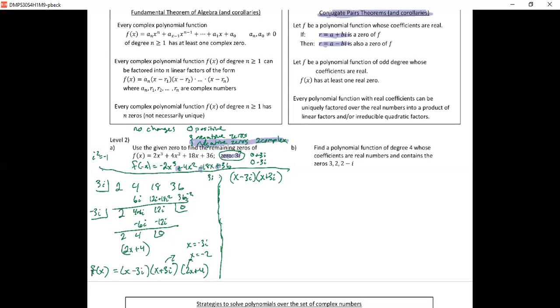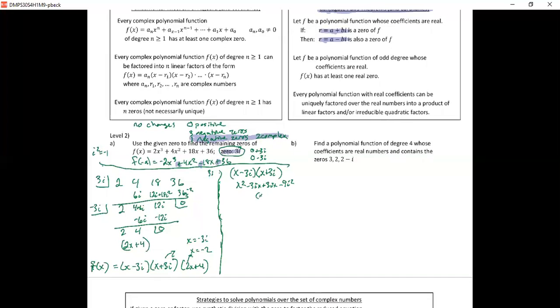Now, if I multiply those two together, I get x squared minus 3ix plus 3ix, and then minus 9i squared. Now that ends up being x squared plus 9. And what I could do is use x squared plus 9 and do some long division: x squared plus 9 goes into 2x cubed plus 4x squared plus 18x plus 36.